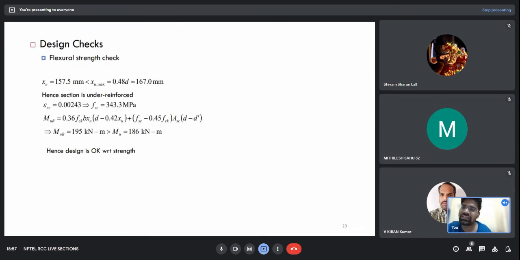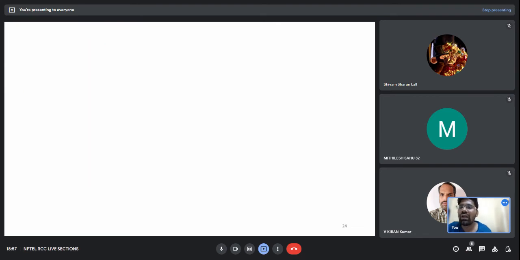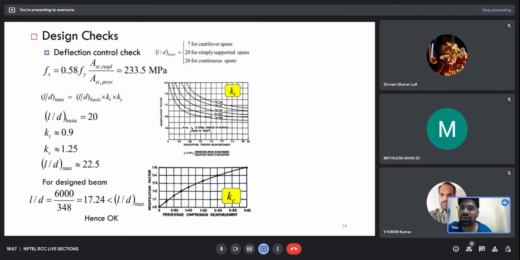Then I have to give the checks. This check I want you to do by yourself. Just figure out how I am doing this. It is not very difficult. You can do it on your own. And the last one is the deflection control check. This is also similar to what we did. The only thing that will vary is that now we have KT also and KC also.